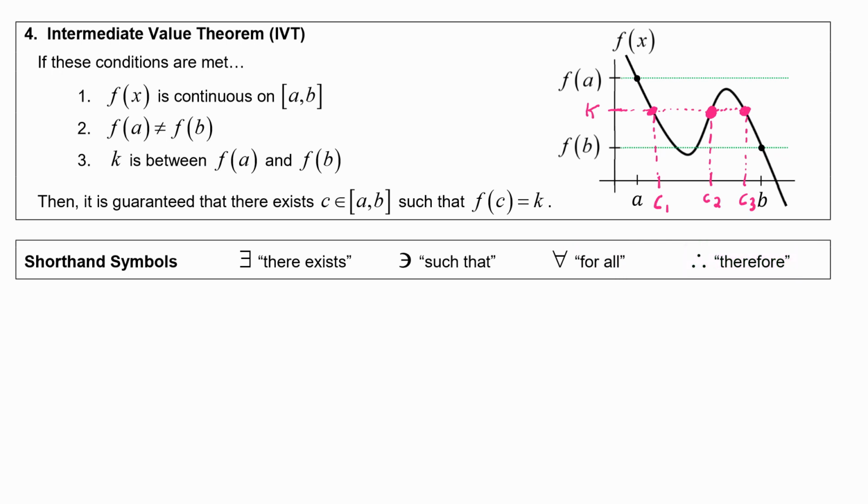And we will make use of all four of those symbols throughout writing proofs. For example, in the proof statement of the intermediate value theorem, we can replace "there exists" with this symbol here, and we can replace "such that" with this symbol. And it just saves you a little bit of writing. And if you prefer to just write out the words, that's always okay. Either way.